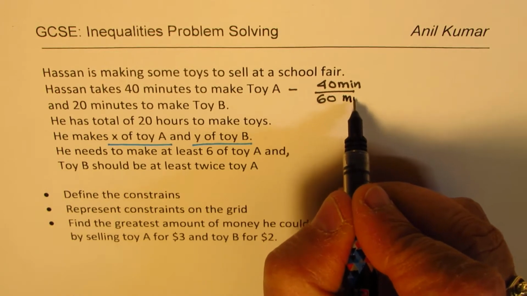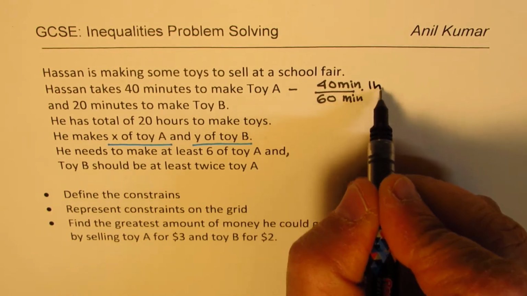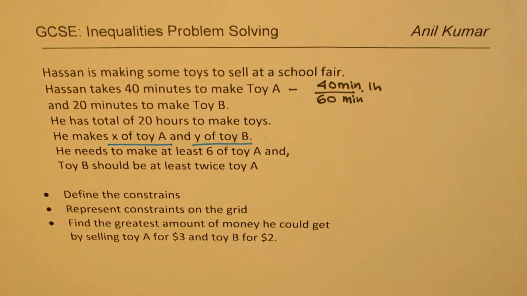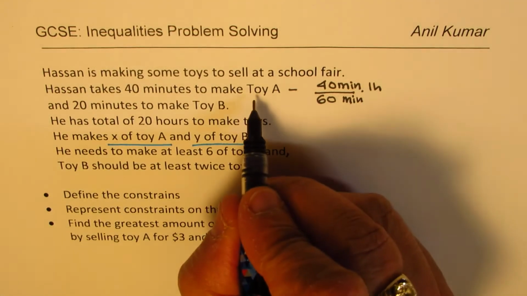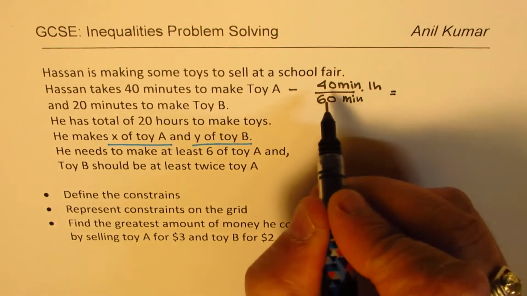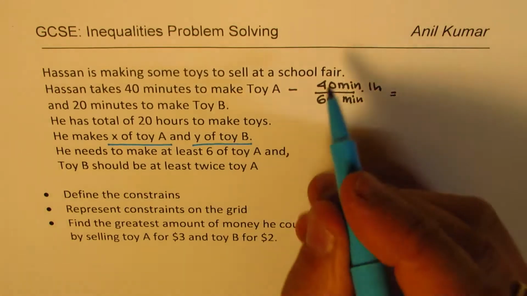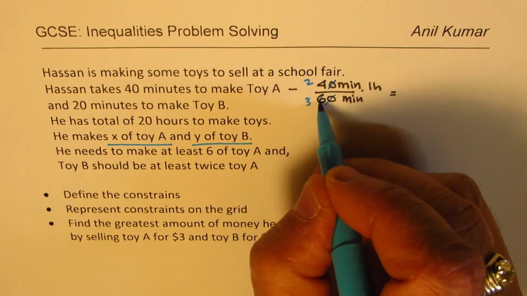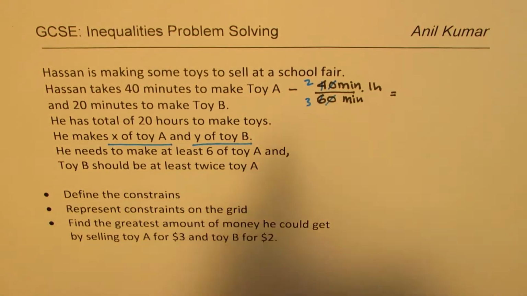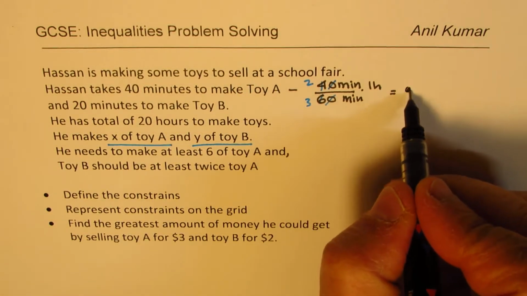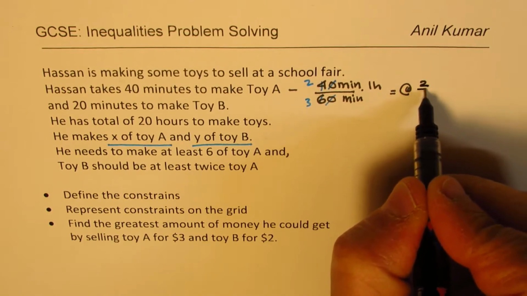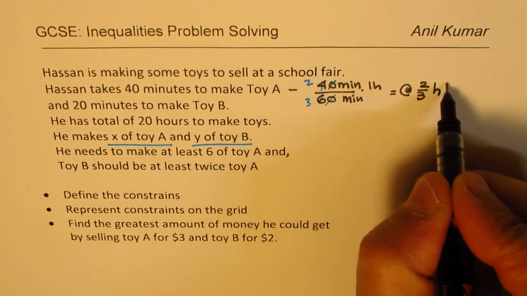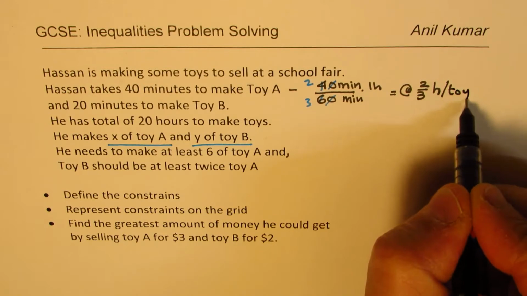So 60 minutes is actually 1 hour, correct? So if I do that, I get the time in hours for one toy, right? So cancelling zeros and then simplifying, we get 2 over 3, right? So for one toy, the rate is, let's write like this, 2 over 3 hours per toy A.